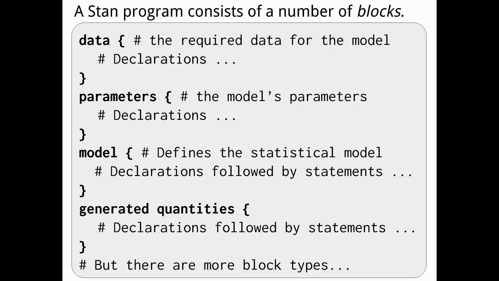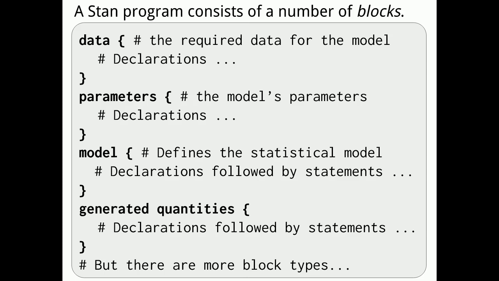The most important block is the model block, where you define the actual generative model. And sometimes you want to calculate derived quantities like predictions based on the parameters, and the code for that you would put in the generated quantities block. There are more block types, but these are the most commonly used.